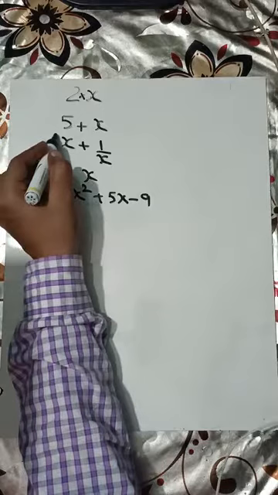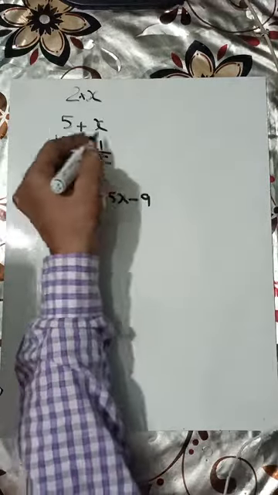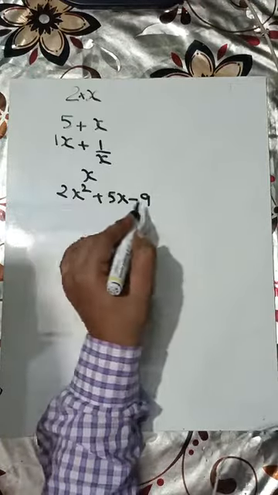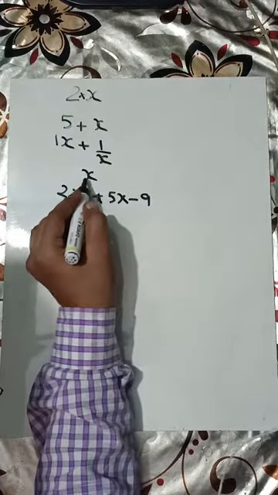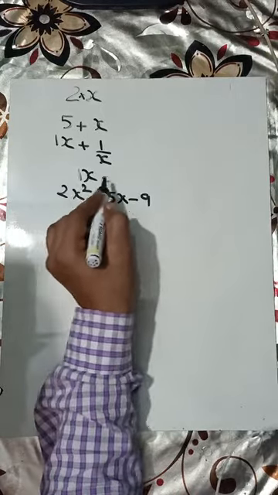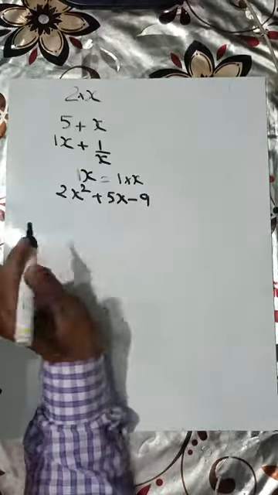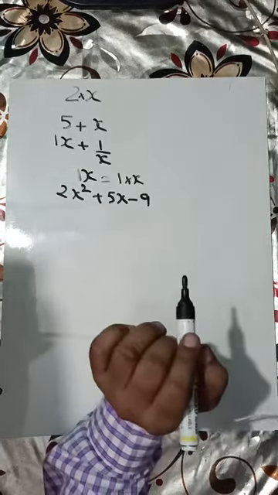Here we have got 1. If nothing is written, it is taken as 1. So this is also an algebraic expression. And this x is also an algebraic expression. If nothing is written, it is taken as 1, so this x is nothing but 1 multiplied by x. So this is also an algebraic expression.